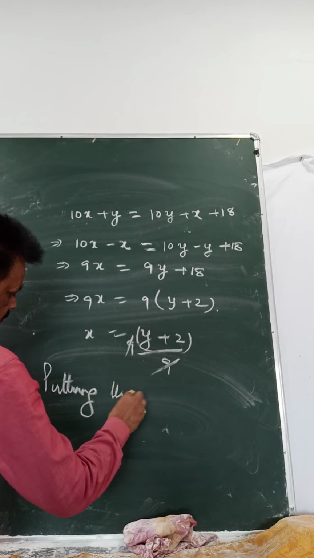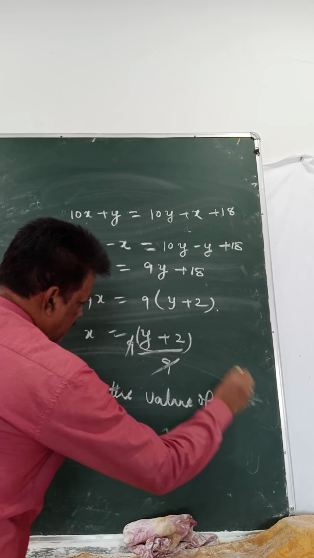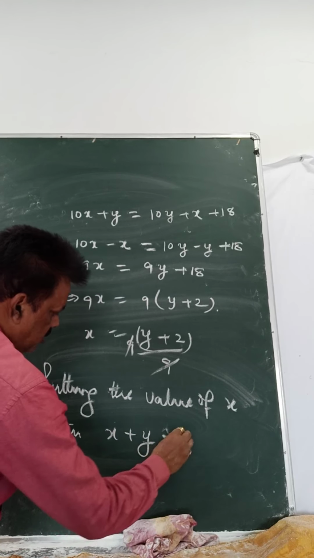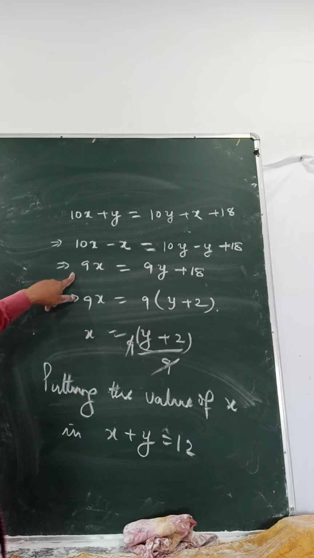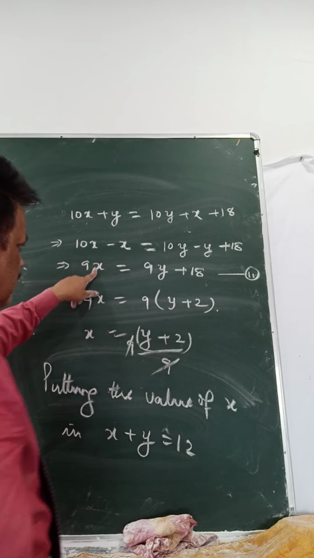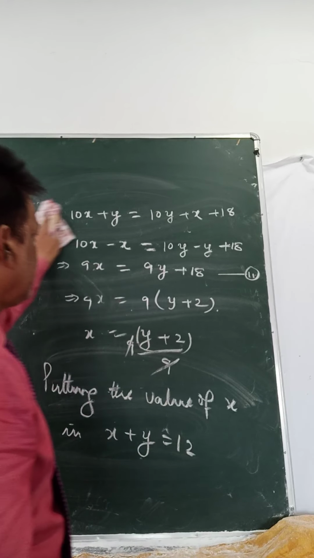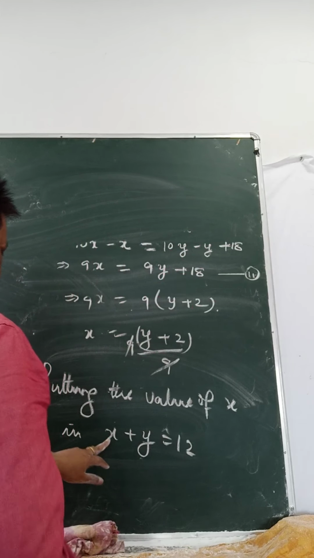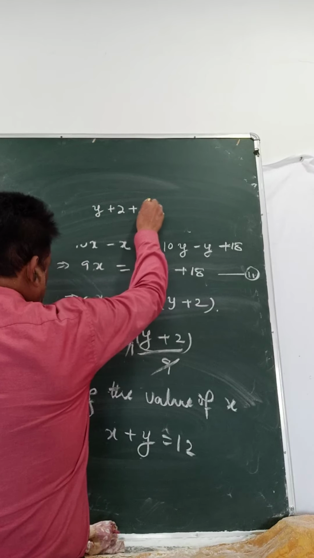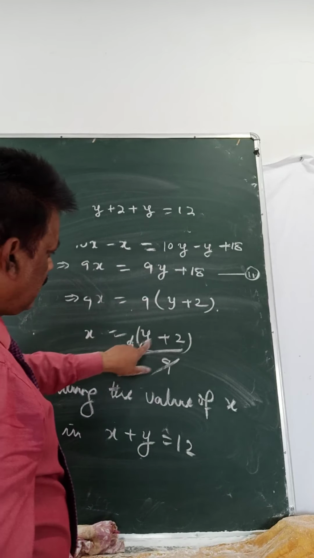Putting the value of x in what? x plus y equals 12, because you got this from the second equation. Now this x will be put in the first equation. So how much are you going to get? That will be y plus 2 plus y equals 12, because x is y plus 2.